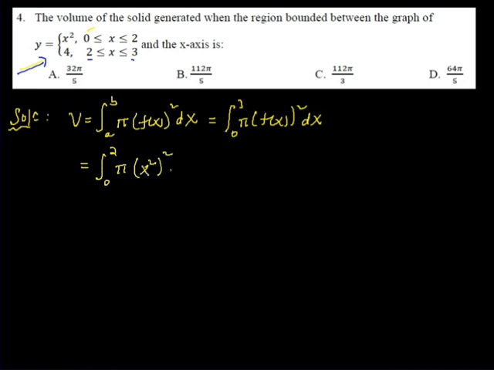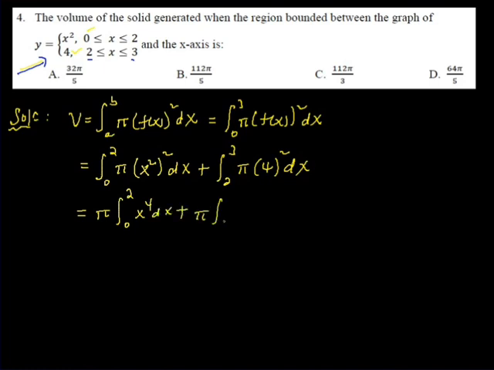We square it, and from 2 up to 3, the function is 4. As you can see here, the function is 4. We take the square of this function. So this is a very simple calculation, pi times the integral from 0 up to 2 of x to the power of 4 dx plus pi times the integral from 2 up to 3 of 16 dx.